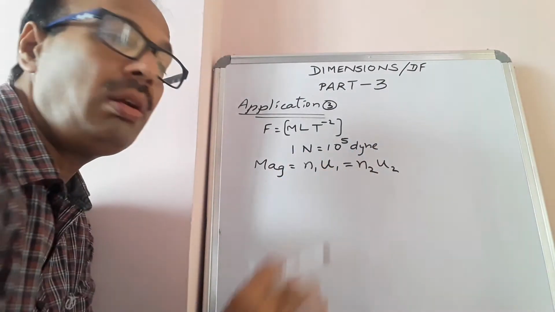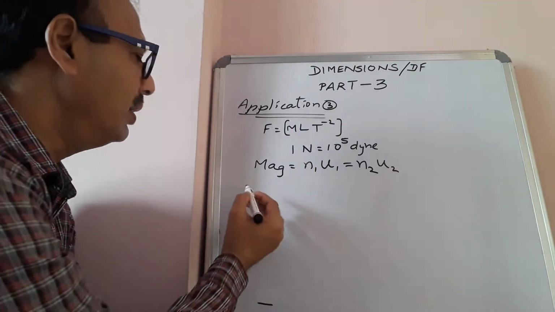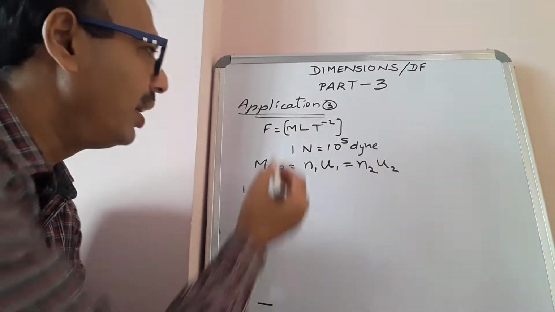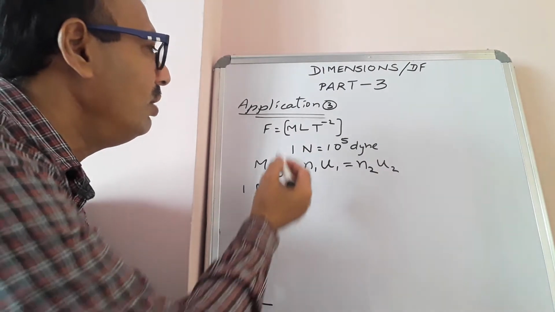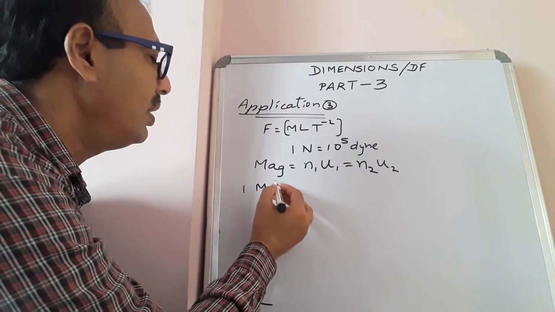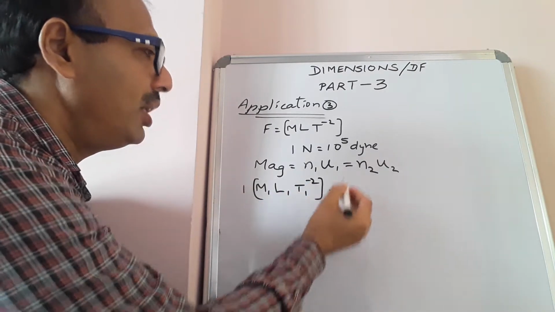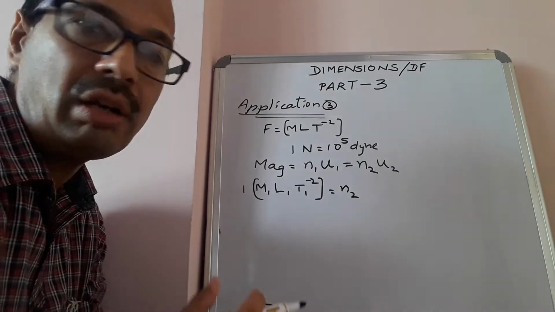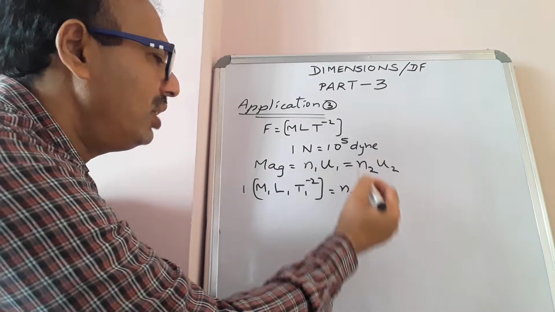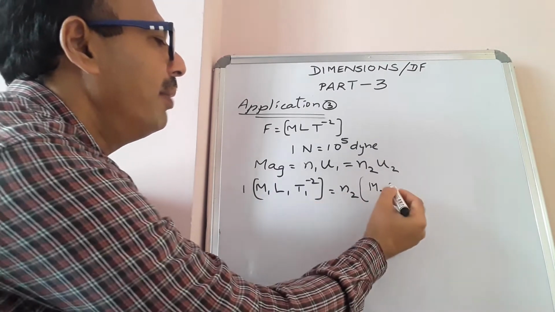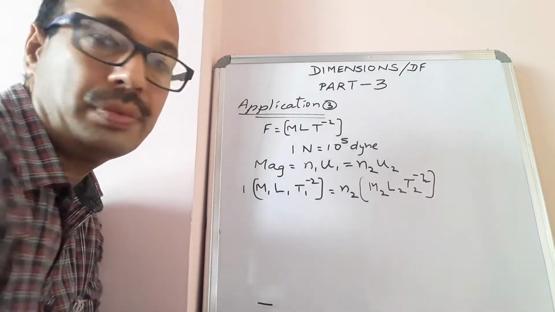So this product will be same, constant. Now here n1 is 1. Let the dimensions and the values m, l and t be m1, l1, t1, equal to n2. We need to find the numerical value, this 10 power 5, we need to find n2, and in CGS system let them be m2, l2, t2 power minus 2.